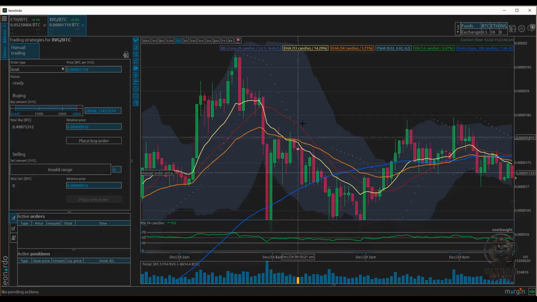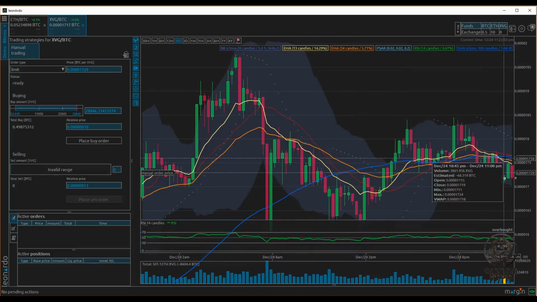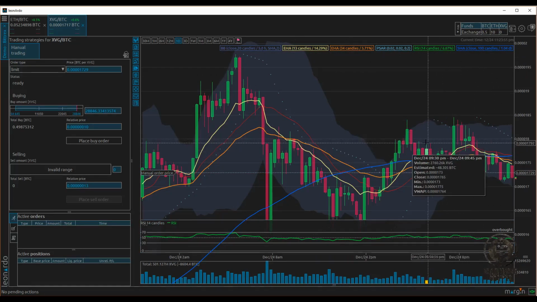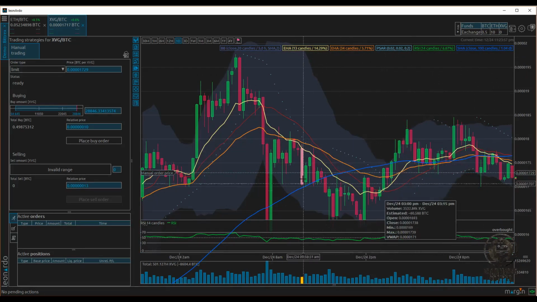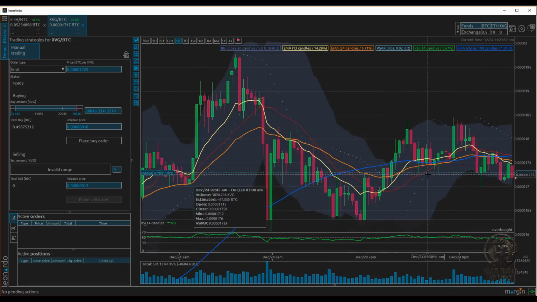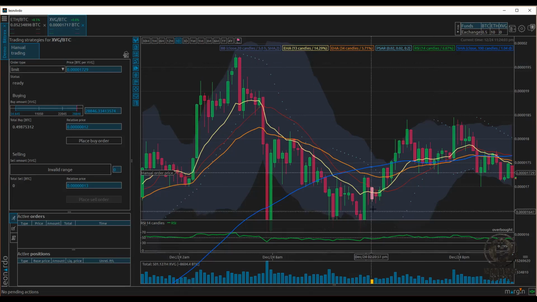What this means basically is, I have 100 candles, so it's going to add up the closing price of every single candle, up to 100 candles back in the past, and then divide by 100, and that will give you this value. So this means that's the average price of this coin for the past 100 candles.